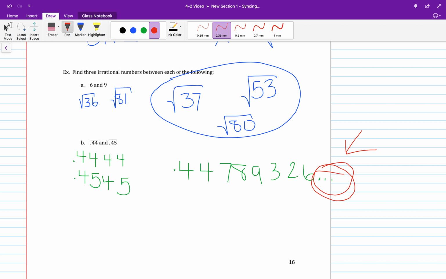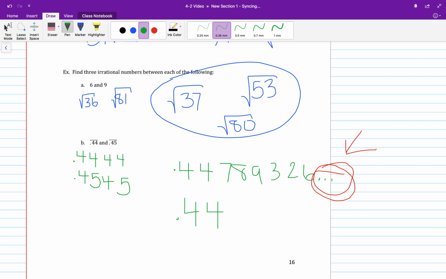It's a really big one, and it would have a huge denominator, but it would be rational, so you have to put the ellipsis. I could also do this kind of tricky move. Again, I'm going to start with this 4, 4. So that's in between 0.4444 and 0.4545. And then I could have this pattern.